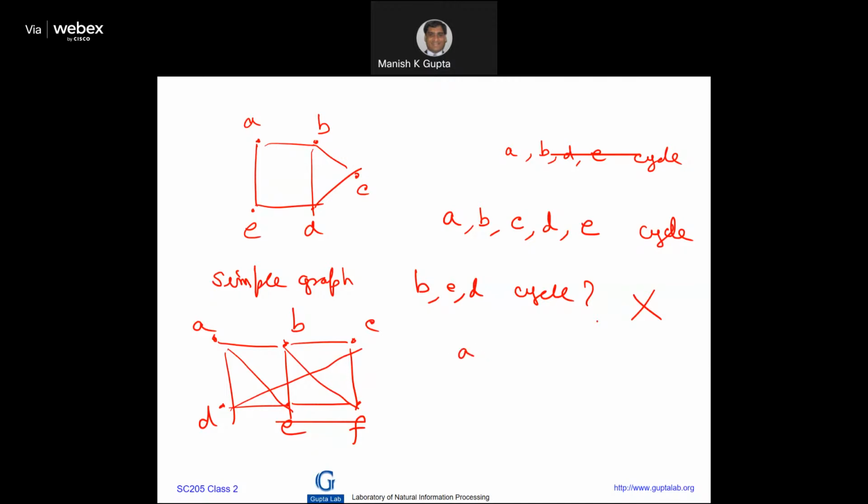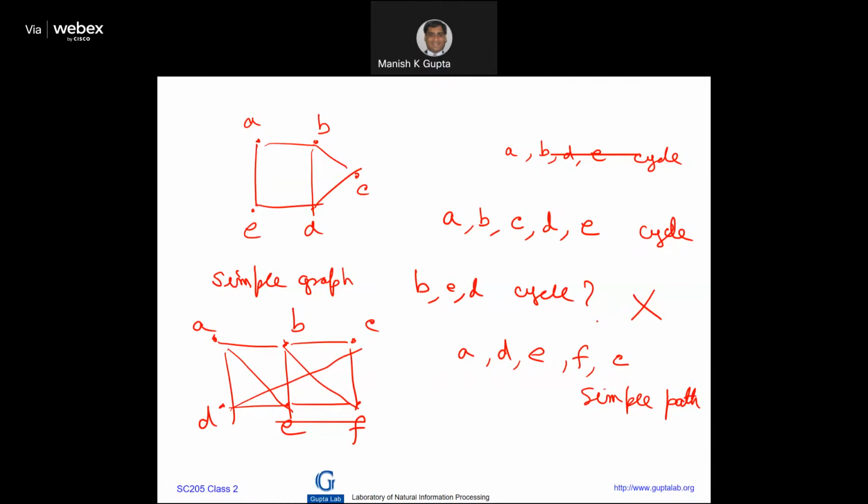A, D, C, F and C. You can see that this is a simple path, right?